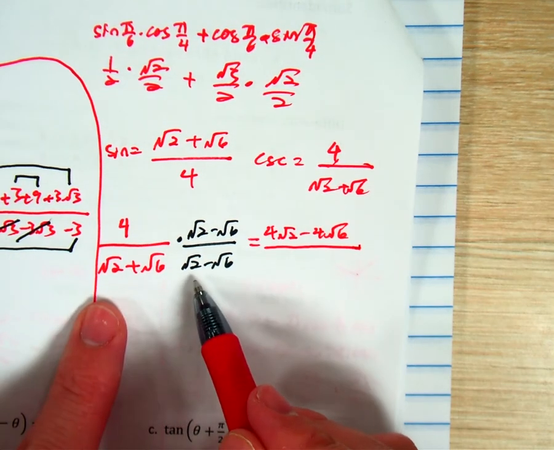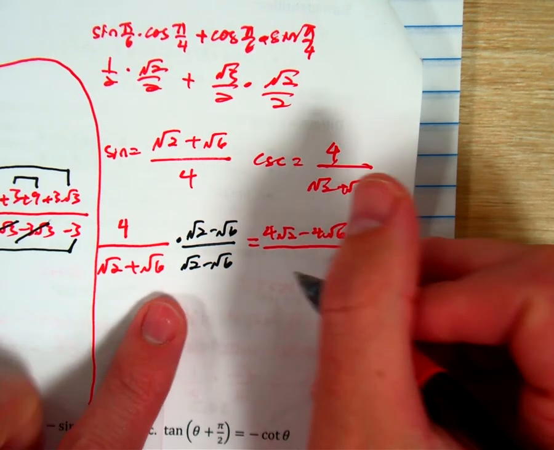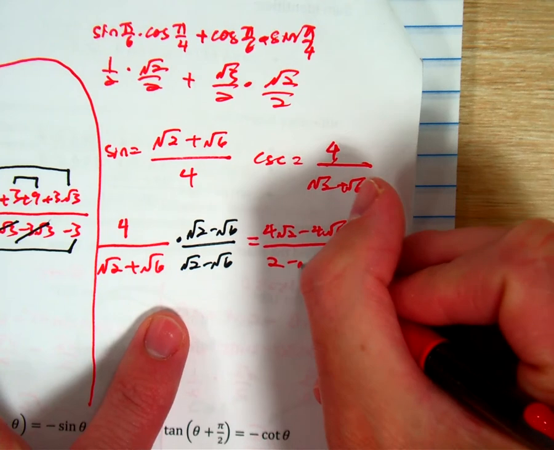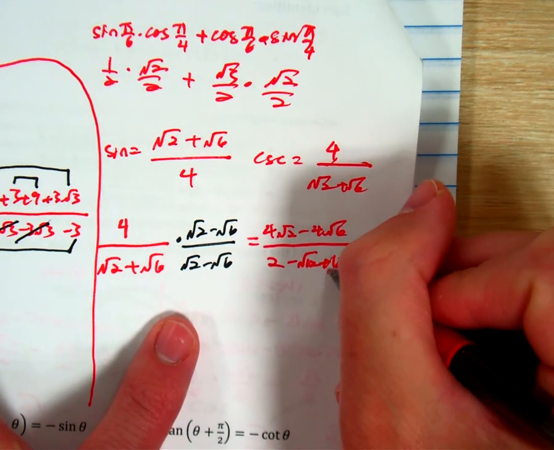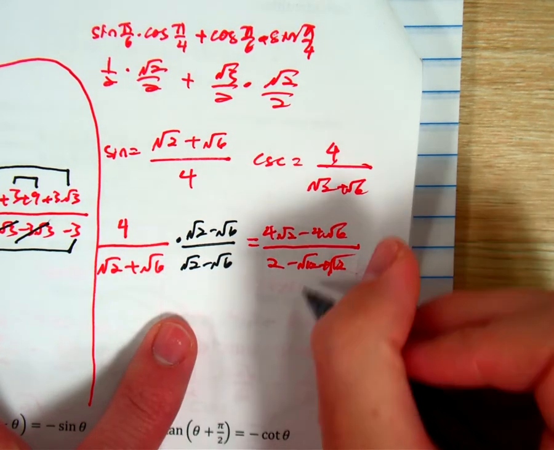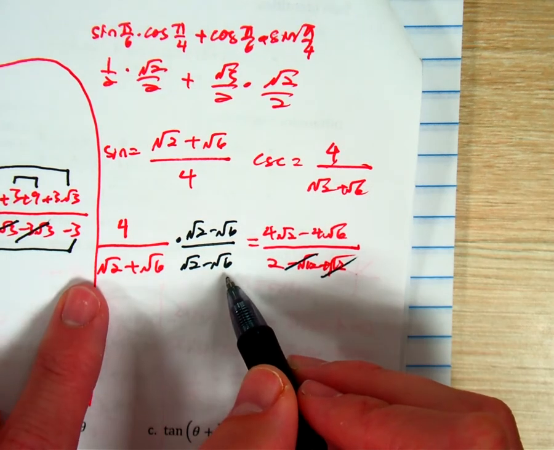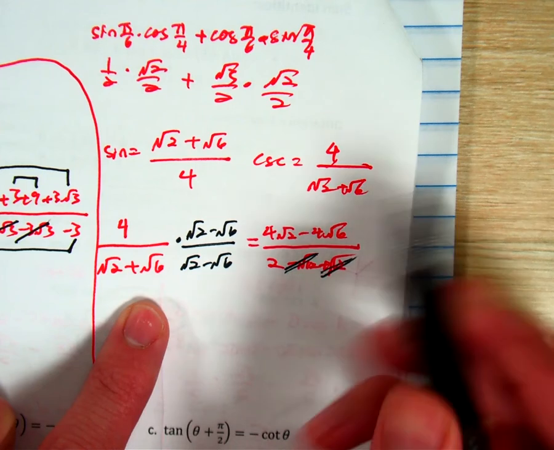Bottom, radical 2 times radical 2. Do you want to go with radical 4, or do you want to just go right to the regular 2? That's fine. Minus radical 12 plus radical 12. Radical 2 times minus radical 6 is going to be a minus radical 12. Same thing but positive, so plus, and those two pieces cancel.